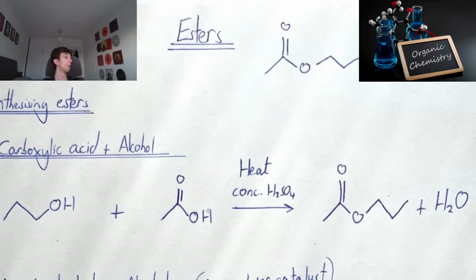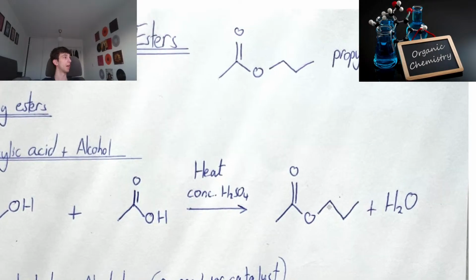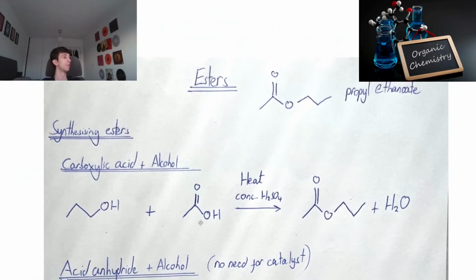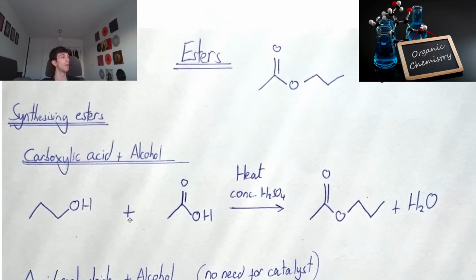So we get propyl ethanoate and water. It's very important, guys, because questions may ask about an acyl chloride and an alcohol or an amine, and you might have to figure out where you're losing certain things from. I've seen this before in a multiple choice question.